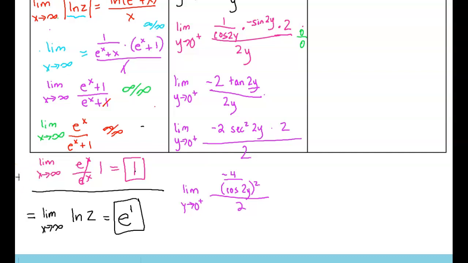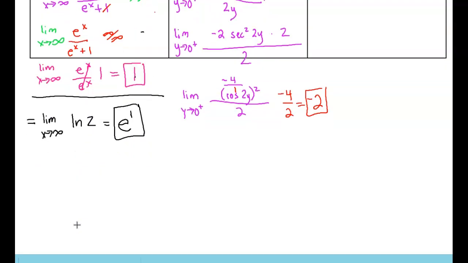So now if we plug in 0, I'm not undefined because the cosine of 0 is 1. 1 squared is 1, so I get -4 over 2, which is -2. And that's my limit. So remember, though, I still had the natural log, it's the limit of e and all that other stuff. So this ends up being e to the -2.